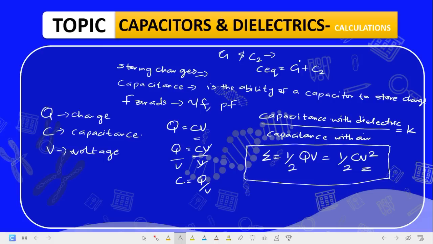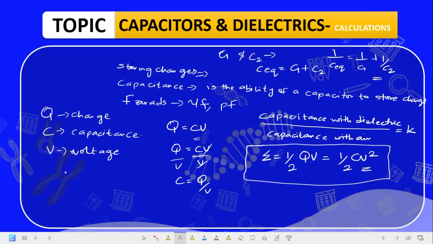However, if they are connected in series, to get the equivalent, you say 1 over C equivalent is equal to 1 over C1 plus 1 over C2. So let's take more calculation on this.